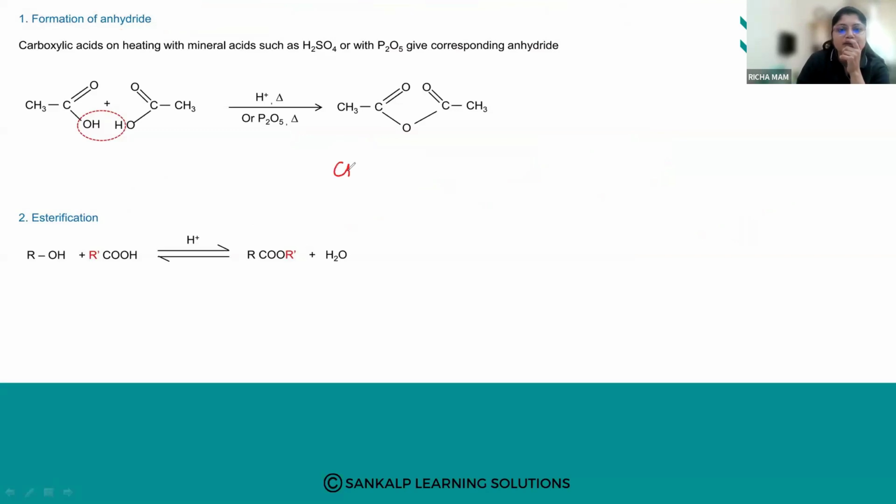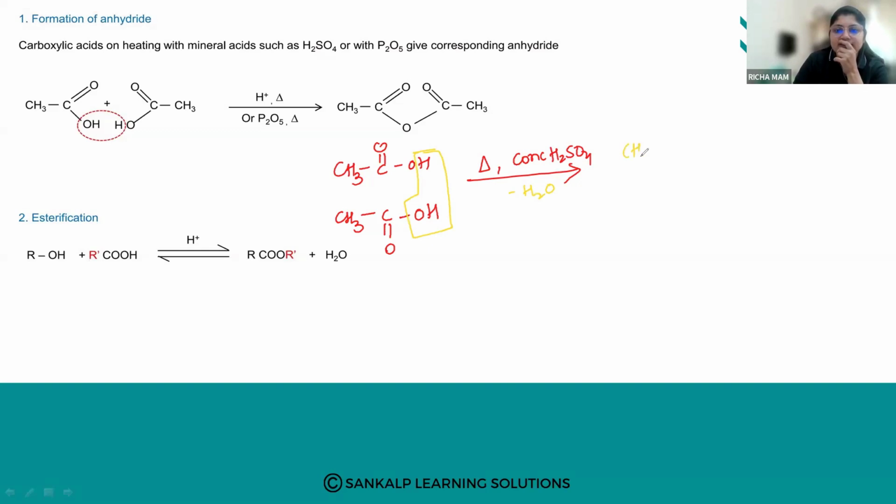Now tell me the answer for this. Again, I have taken 2 molecules of acid and I am going to heat it in concentrated H2SO4. There will be loss of a water molecule. What am I going to get? CH3-C(=O)-O-C(=O)-CH3.